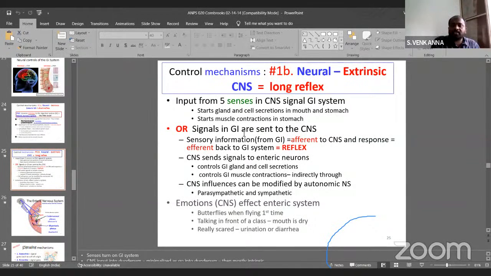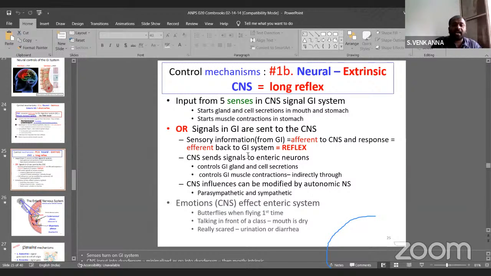Signals in the gastrointestinal system are sent to the central nervous system, where the signals function from one place to another. This is called sensory information: gastrointestinal afferent to the CNS, and the response efferent back to the gastrointestinal system.